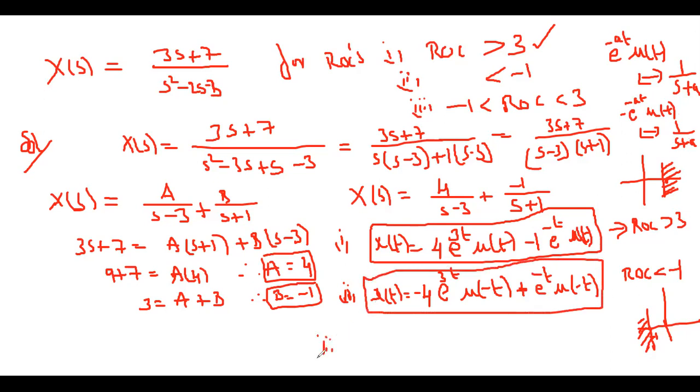But coming to the third one, with the two terms representing the positive mu of t, and here the two terms representing the negative mu of minus t. The sign is positive here, the sign is negative. But in this, ROC minus 1 is less than ROC and ROC is less than 3.